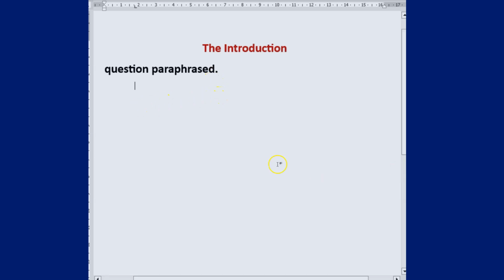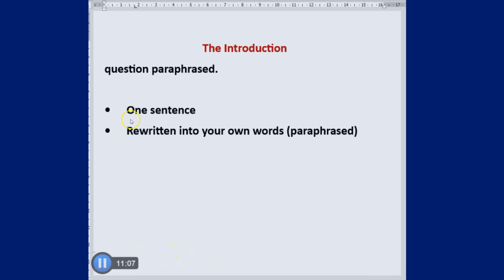So the introduction can be in one sentence. The introduction is the question rewritten in your own words, which means to paraphrase.